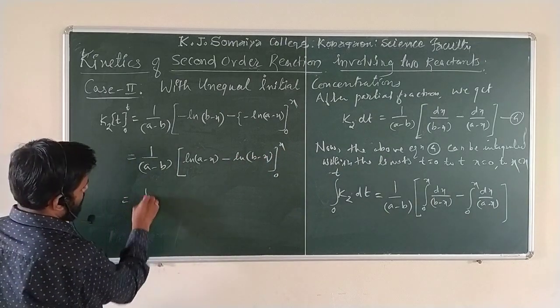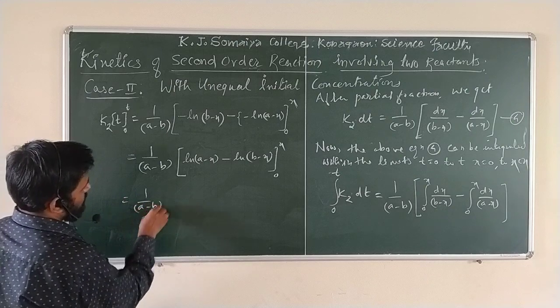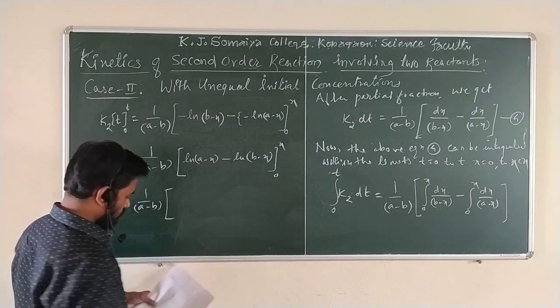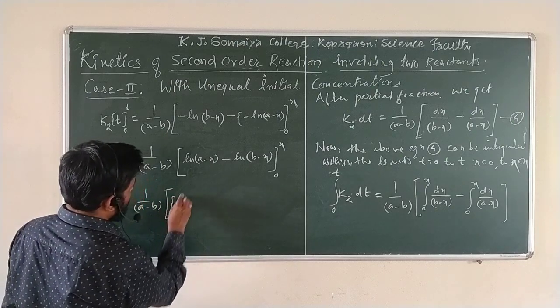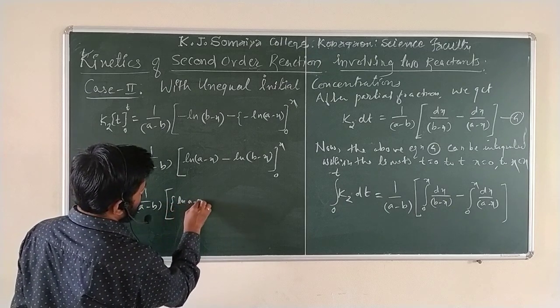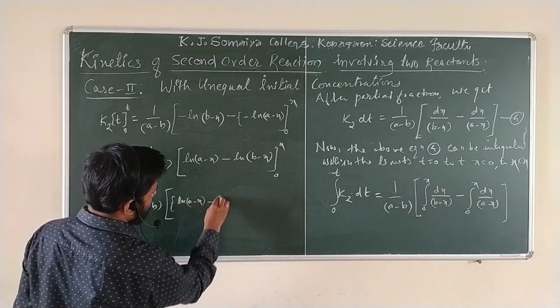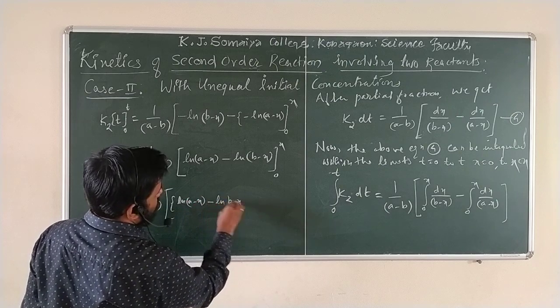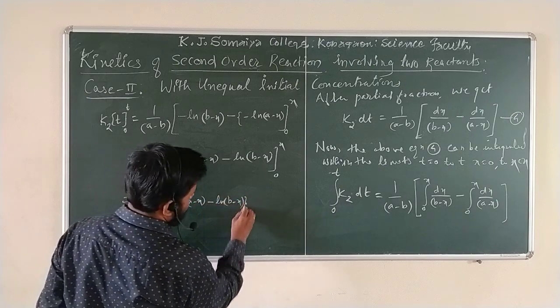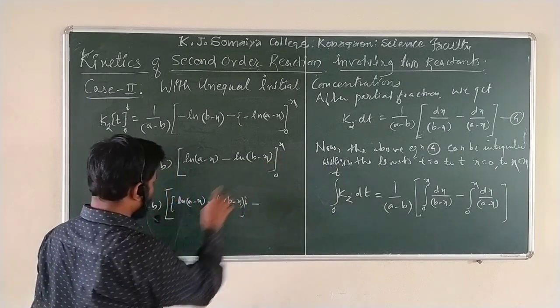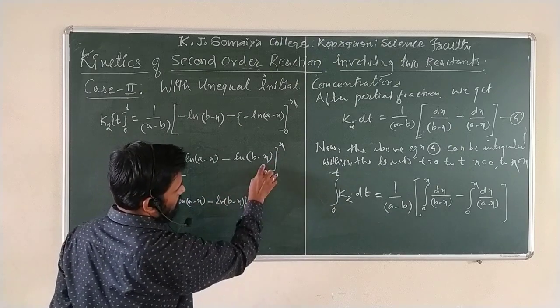Now substitute the values of the limits. What will you get? Two values are there: ln(a - x) minus ln(b - x) on one side, minus, and here we have put the x. Now we have to put the 0 also.